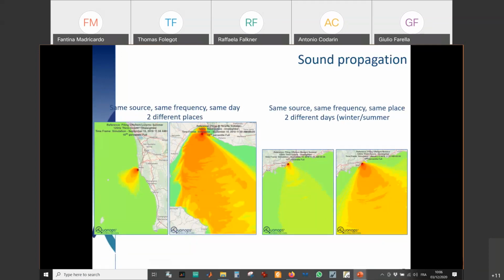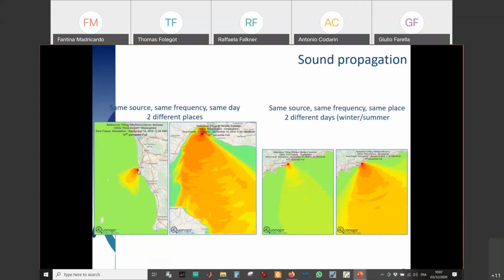Here it is offshore Pisa, Livorno. Outside Livorno, here you have 1 sound source. And the sound around the source, first comment, is not distributed homogeneously around the source, because you can have the coast, obviously, but also because you can have some bathymetric features, for example, that will change the propagation according to the azimuth around the sound source.